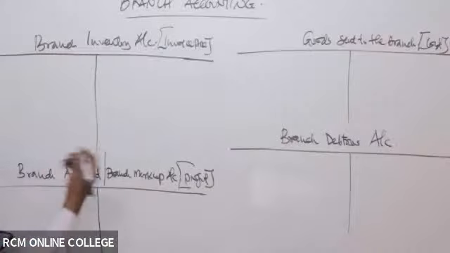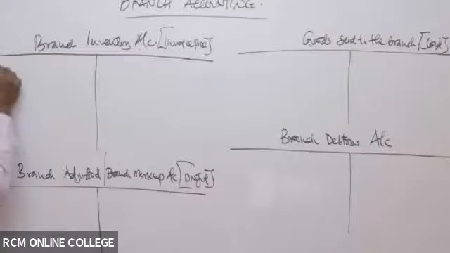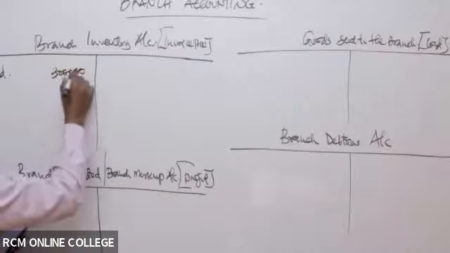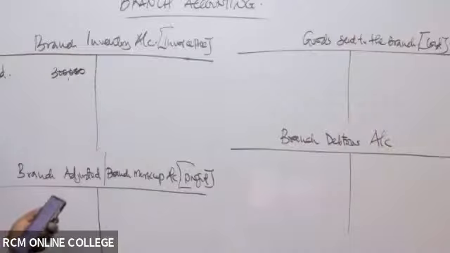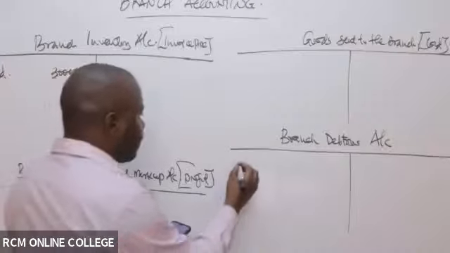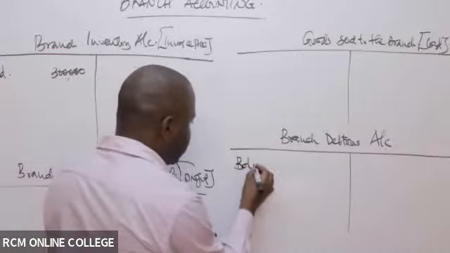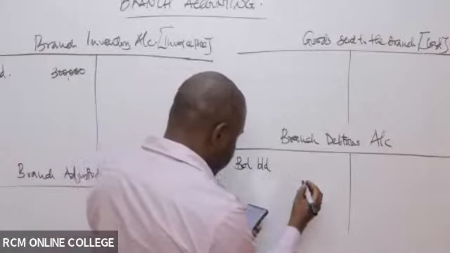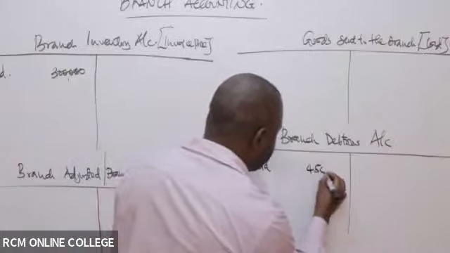Of course, inventory will have a debit entry, so the opening balance brought down for inventory is 300,000, and you need to pass that entry. Then you're told that the branch debtors balance brought down at the start of the year is 450,000.